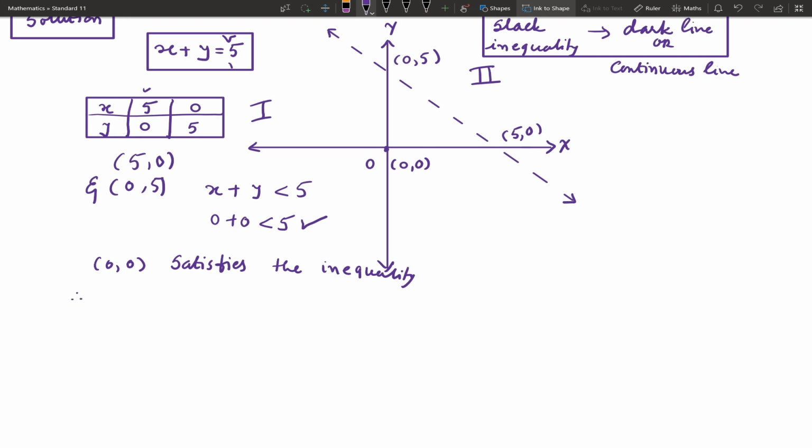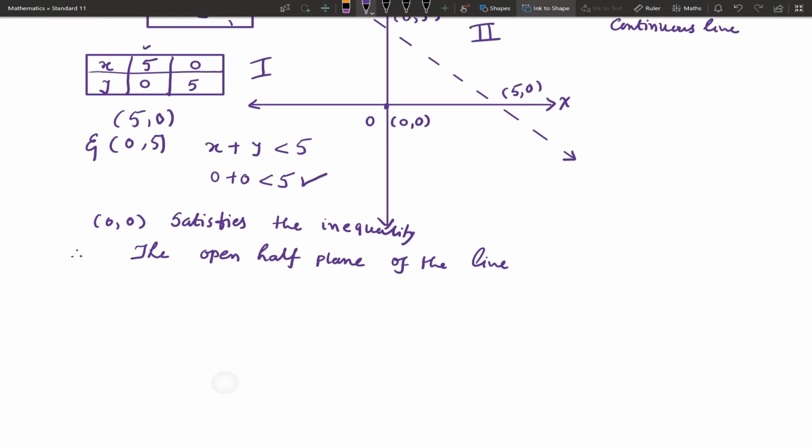therefore the open half plane of the line containing point 0 comma 0 represents the solution set.